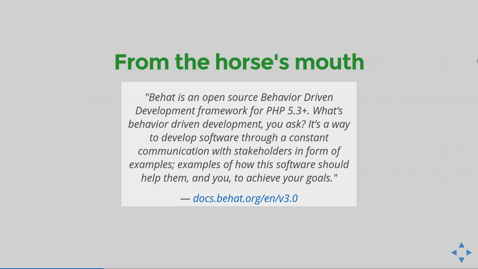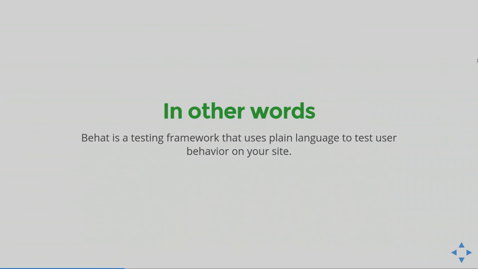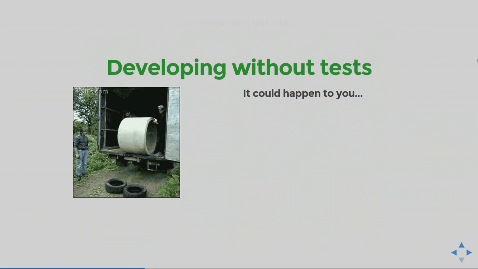It's a way to develop software through a constant communication with stakeholders in form of examples of how the software should help them and you to achieve your goals. So I think that that's a great description of what behavior-driven development is, but if I didn't know what Behat was and read that, I'd still be left wondering what Behat actually is. So in other words, Behat is a testing framework that uses plain language to test user behavior on your site.